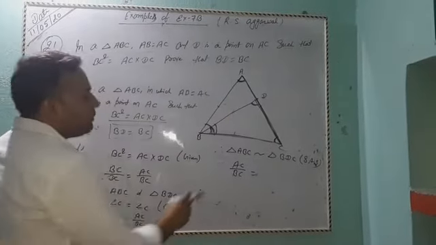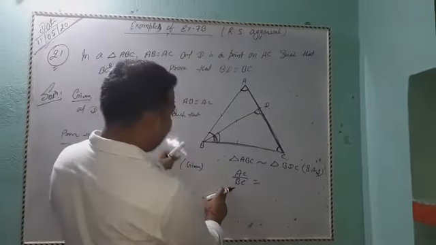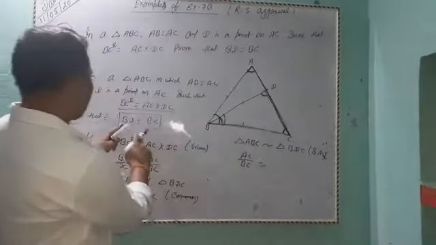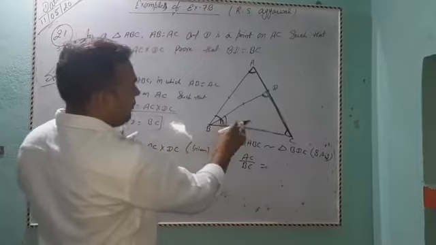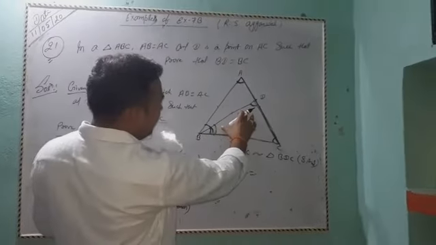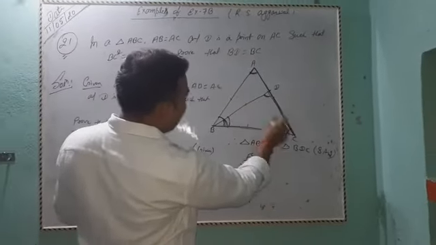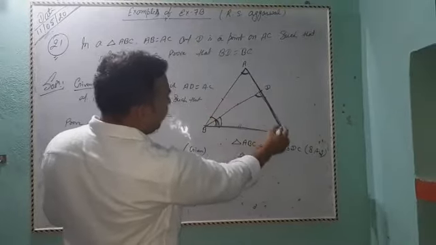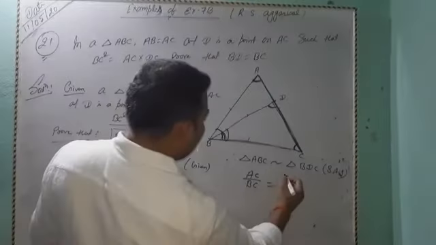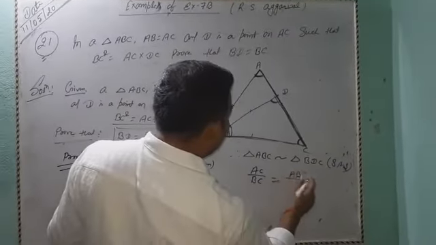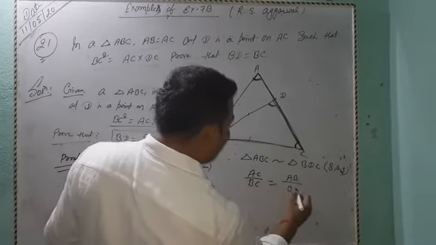Then AC by BC, and we have to prove BD and BC. BD is the opposite side of angle C, and AB is the opposite side of angle C. Then AB by BD.